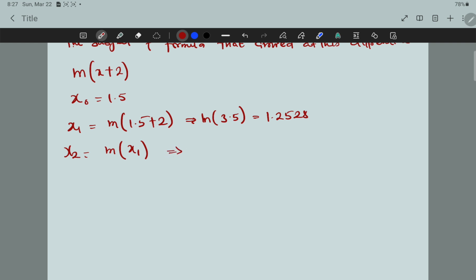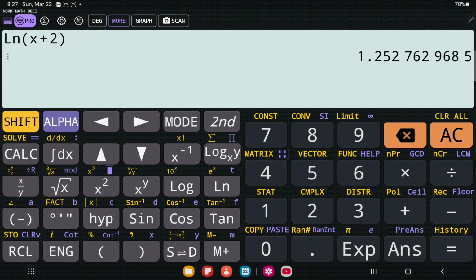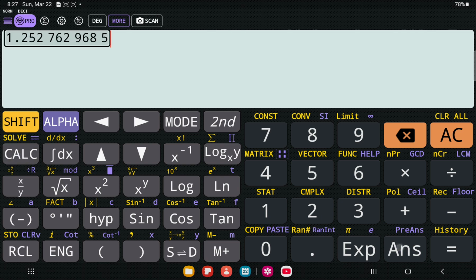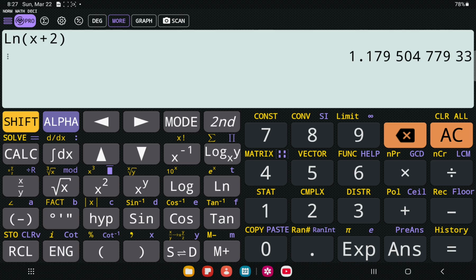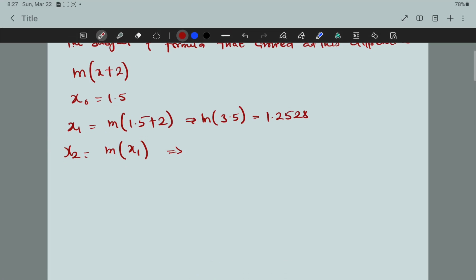Now what will be the value of x2? You say calc, you use your previous answer. That will be 1.1795. x3 is ln x2.